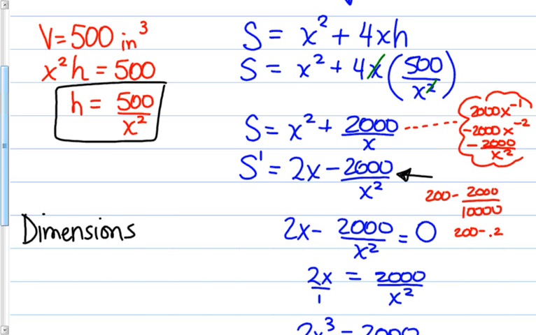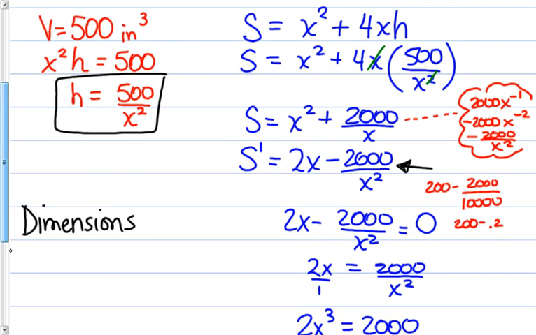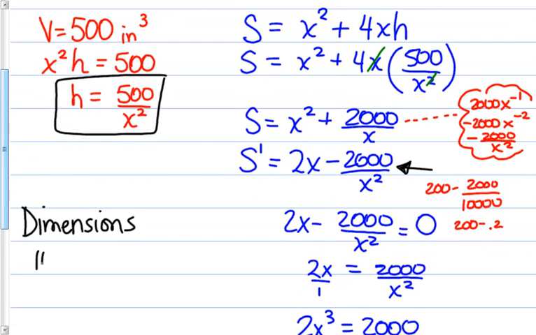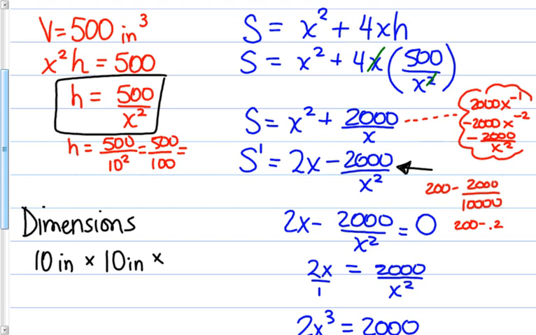I already forgot what x was. 10. So 10 inches by 10 inches by, and then I have to figure out what h is. h is equal to 500 divided by 10 squared, which is 500 divided by 100, which is so conveniently 5. So there you go.